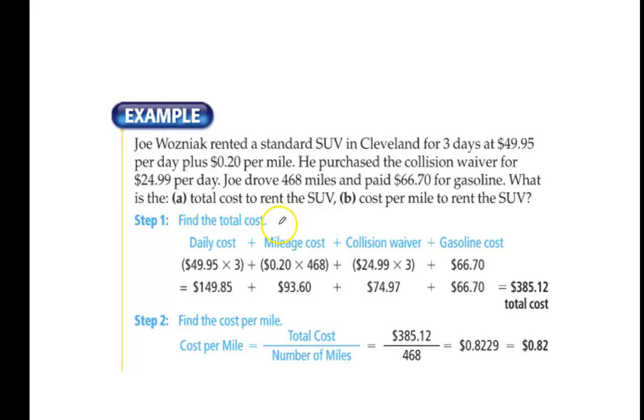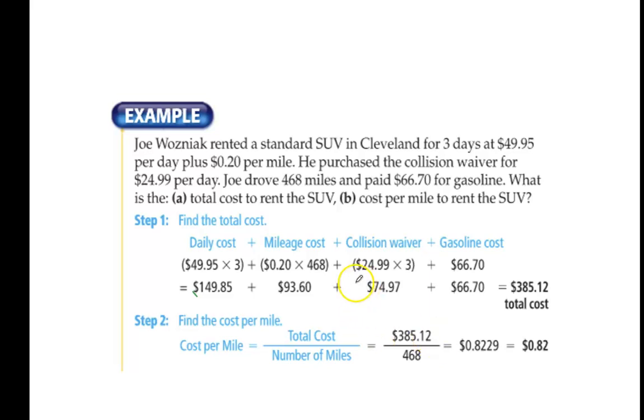So here's your step one, find the total cost. So 49.95 times 3. Okay, and then we write this below. So it might be wise to write them out and then multiply below. Cost per mileage is 468 miles times 20 cents. The collision waiver, gasoline, and you find the total cost.